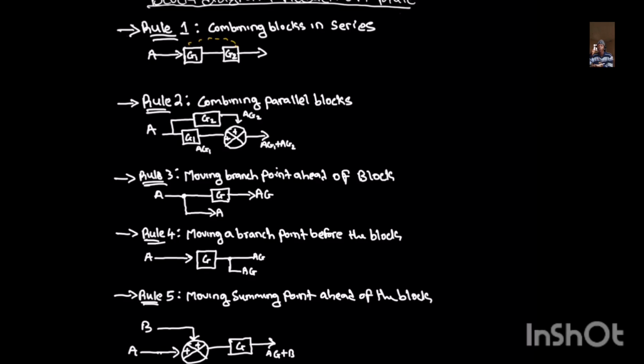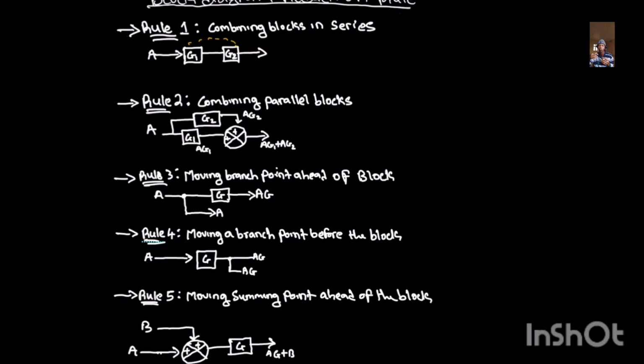Whenever you hear about combining blocks in series, you don't consider them individually. Remember that our intention is to get the same output. So if we bring G1 and G2 together, we get the same output with respect to what is inputted into those blocks.